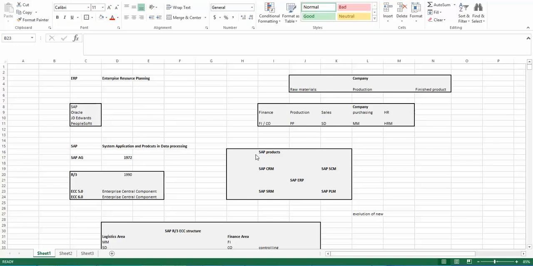There are many ERP softwares available in the market, which are being used by many companies. One of the widely known and popular ERP systems is SAP. SAP ERP is a very popular ERP system used across the globe.